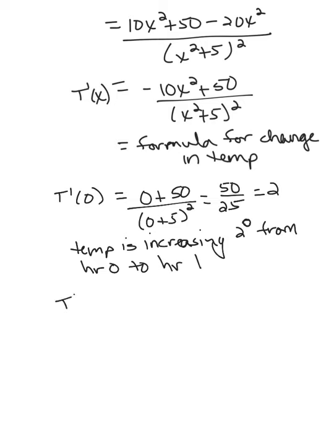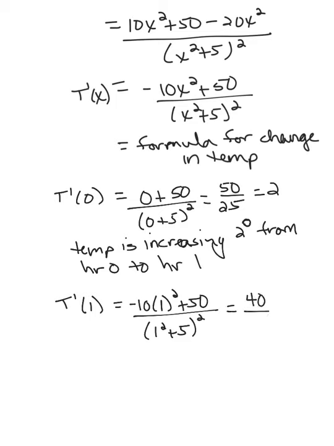Then we are asked to do T prime at 1. If we put 1 into our function, we will have negative 10 times 1 squared plus 50 over 1 squared plus 5 quantity squared. So we will get negative 10 plus 50, which is 40 in the numerator. 1 plus 5 is 6, squared is 36 in the denominator.